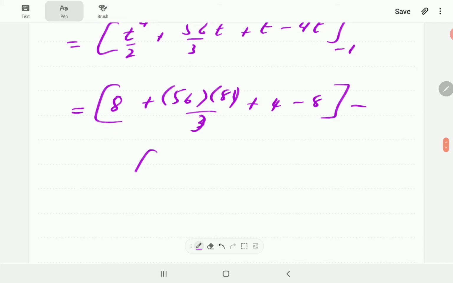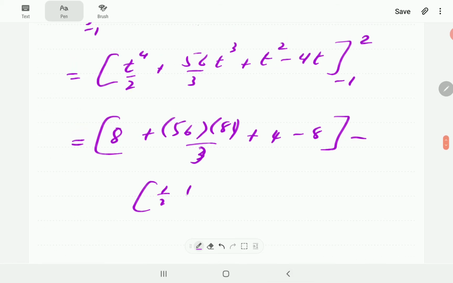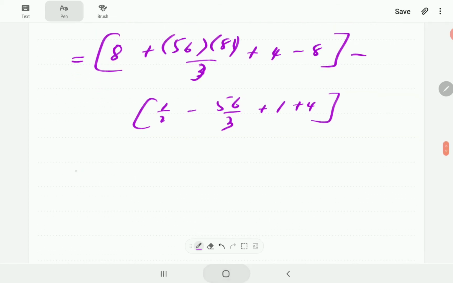Then when t is negative 1, this is going to be 1/2 minus 56 over 3 plus 1 plus 4. And then if we punch this in the calculator, we're going to get 333 over 2.